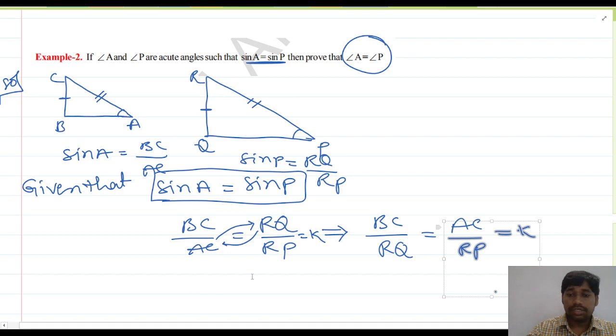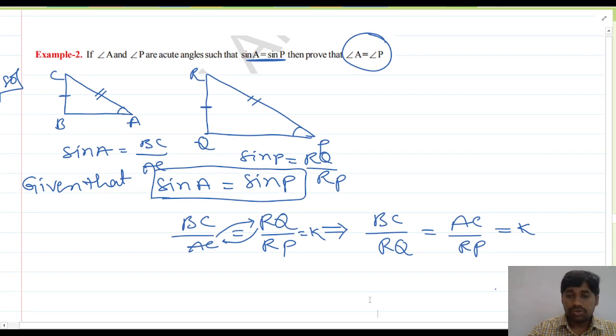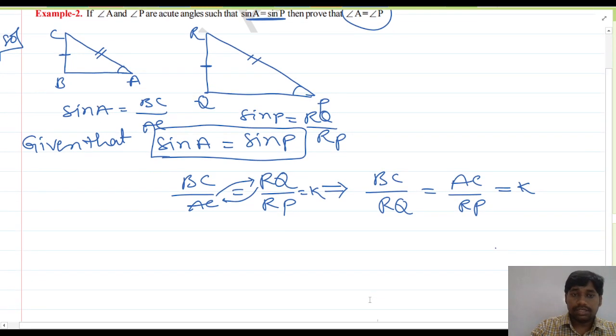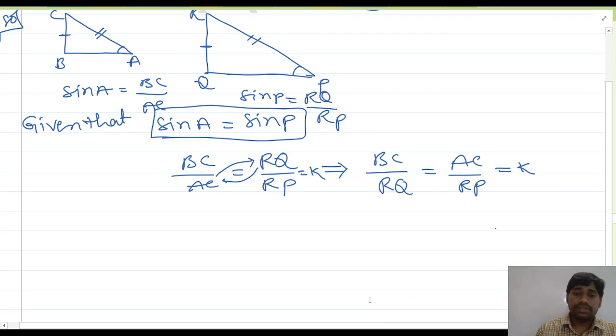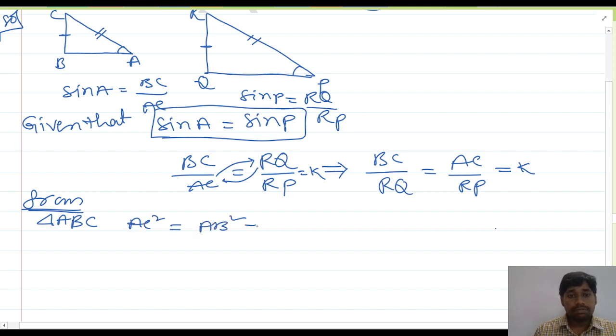Okay, is it clear? So what I am going to do is some calculation here. I don't know the third side ratio, and I want to find it. From triangle ABC, AC square is equal to AB square plus BC square.